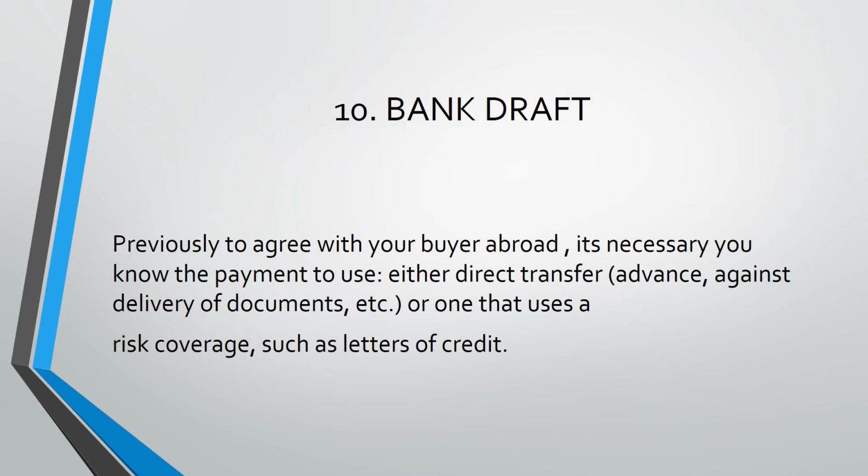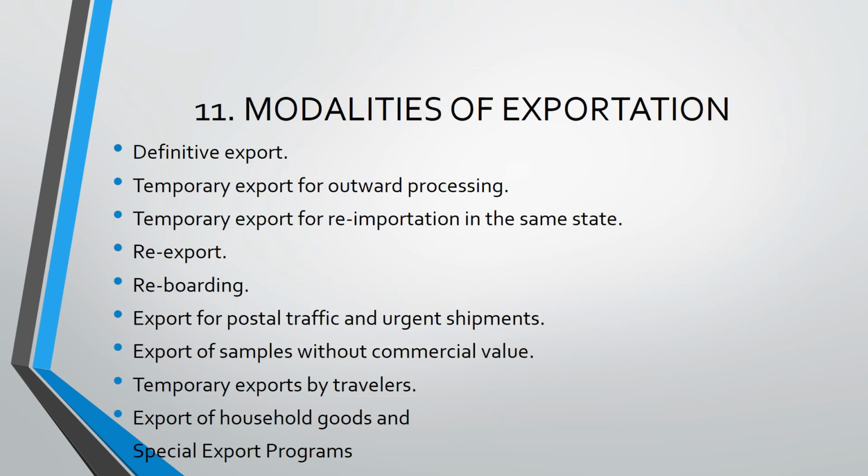Tenth, bank draft. Previously, to agree with your buyer abroad, it's necessary that you know the payment method to use, either direct transfer, advance against delivery of documents, etc., or one that uses a risk coverage, such as a letter of credit. Eleventh, modalities of exportation.